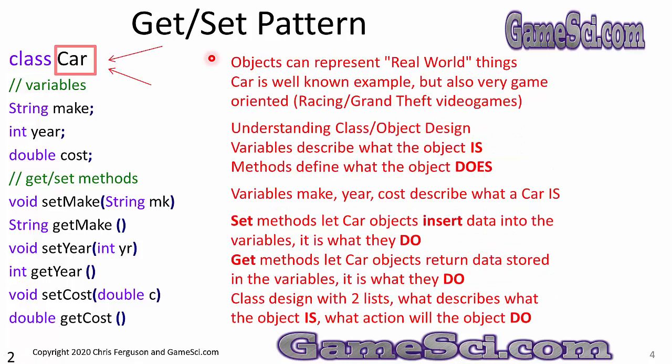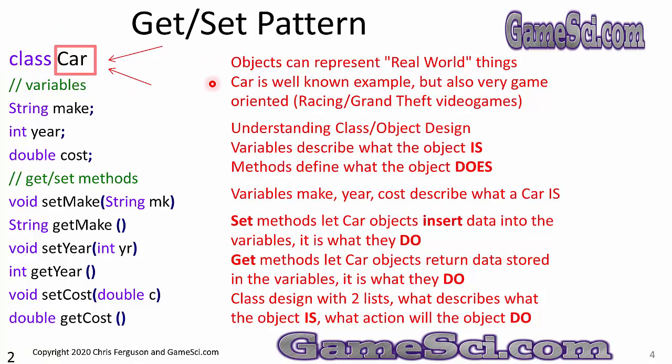Objects can represent real-world things. Many people start object-oriented lectures by saying an object will represent something. I'm going to have an object to represent a tree, an object to represent a house, an object to represent a bank account. In this case, I decided to use the class Car. Car is a very well-known example.